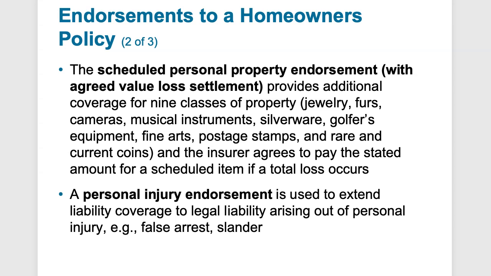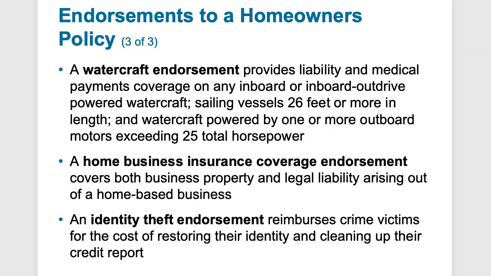So personal injury means legal liability arising out of the following: a false arrest, a detention, imprisonment, a prosecution, a wrongful eviction, wrongful entry, invasion of your space, oral or written publications of material that slanders or libels you, oral or written publication of material that violates your right to privacy. So these are things that can also be added to your insurance policy.